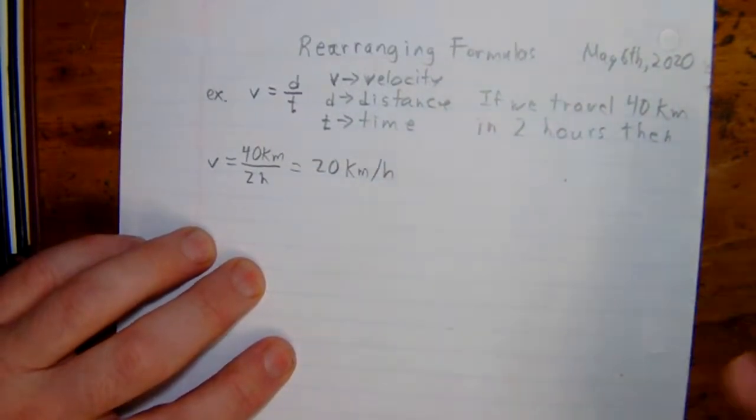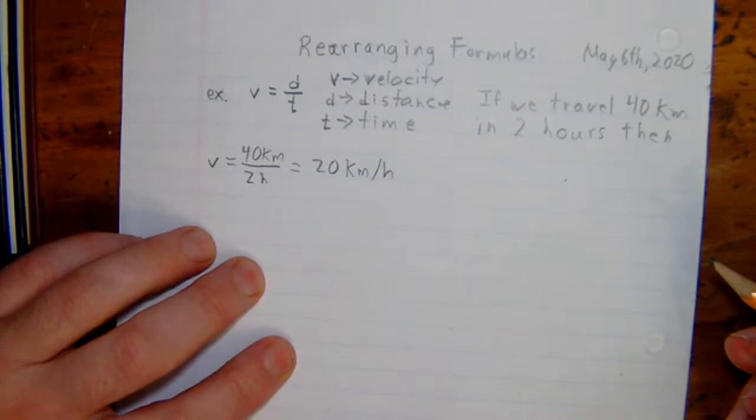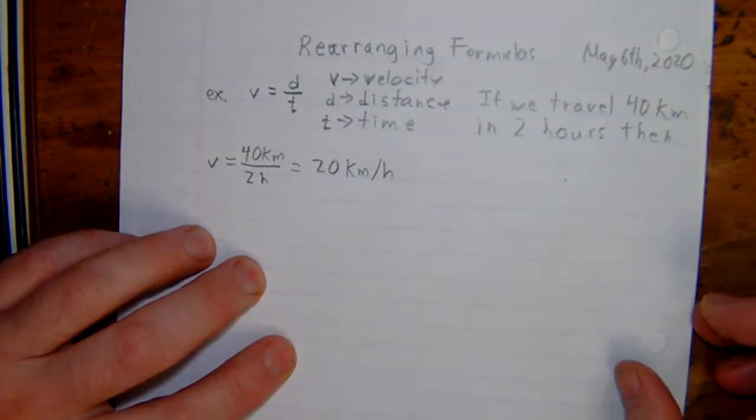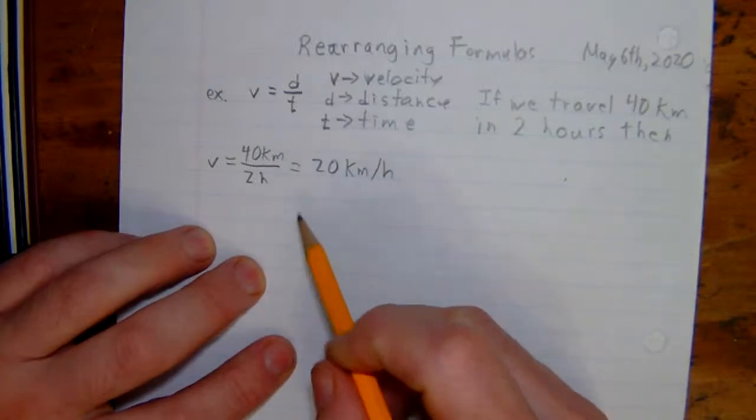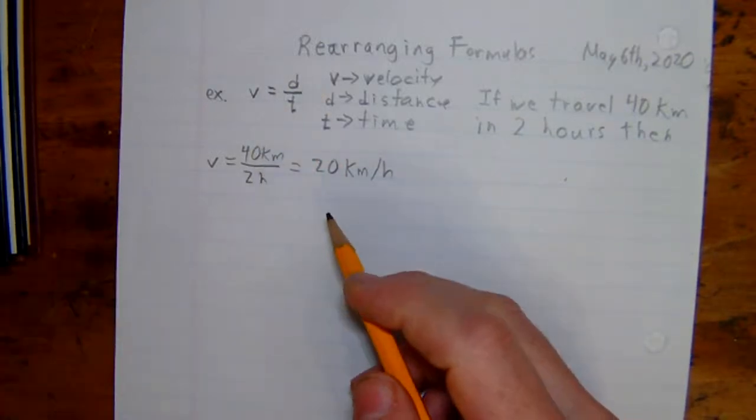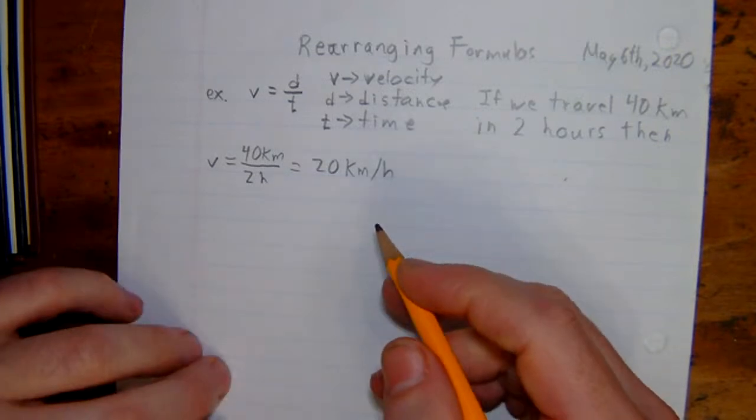So we have this nice formula. It's probably pretty familiar to you. If you took science last semester, you've definitely seen it. If you're taking science this semester, it may not be one that you've seen, but it's probably one that you're comfortable with from before this year.